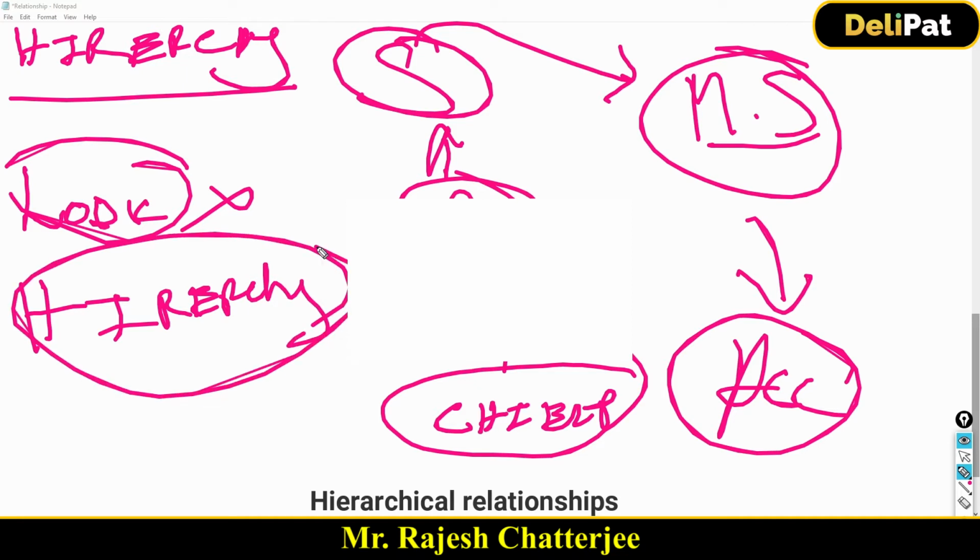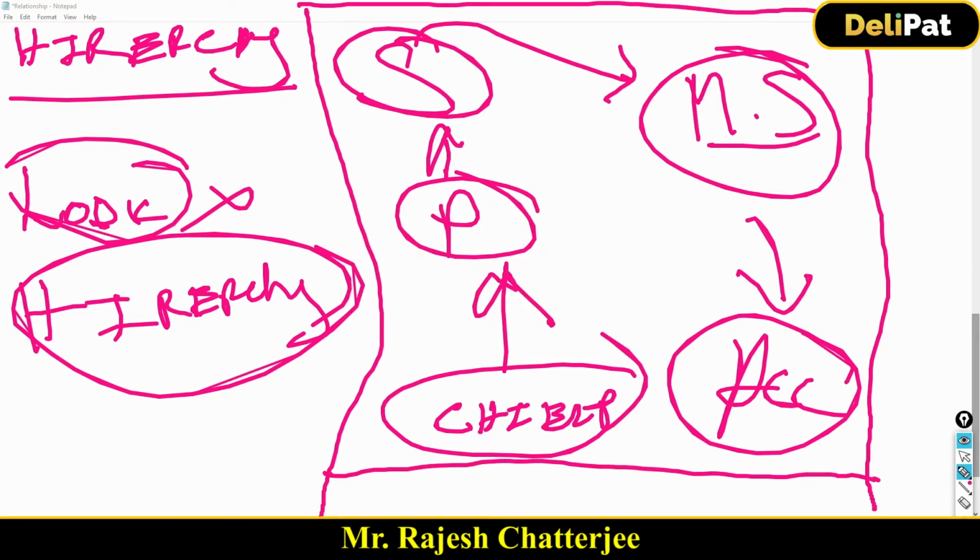Okay, so this is how we create a hierarchy relationship, and it helps us use the same object to onboard different categories of data. We can also see this child is reporting to this parent, this parent is reporting to this parent, and this parent is reporting to this parent. Correct?